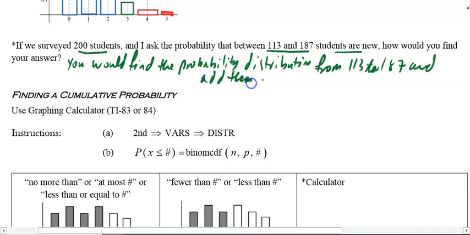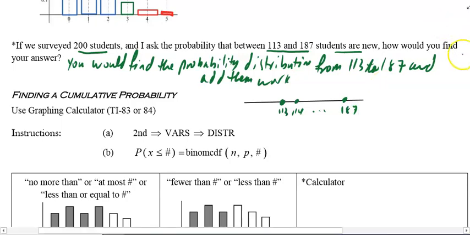That's a lot of work. So basically, on a number line, I will have to go to 113, 114, all the way to 187. That's a lot of trials, even with a calculator.